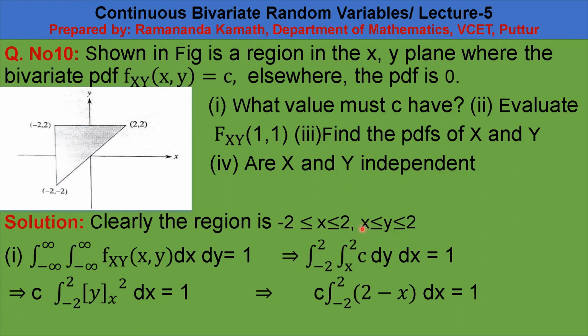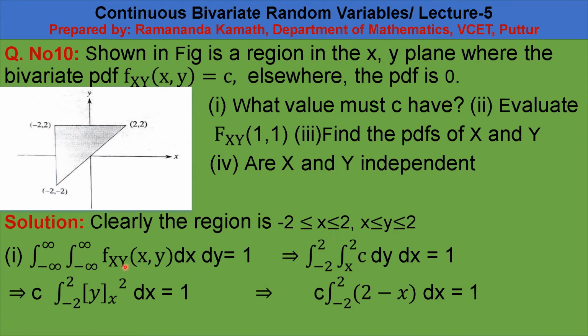So for the outer integral, the limits of integration must be constant. So we take the outer integral with respect to x, from -2 to +2, and the inner integral from x to 2.